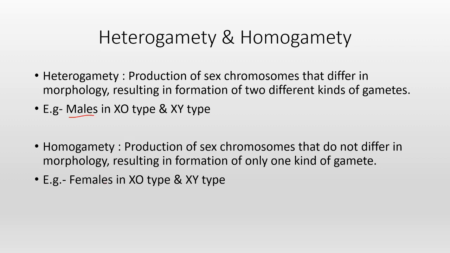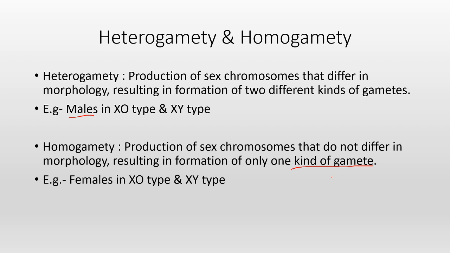In the case of the female, in both XO and XX types, only one type of gamete is formed. So it is called homogamety, or female homogamety. Production of sex chromosomes that do not differ in morphology, resulting in only one kind of gamete, is called homogamety. So in XO and XY, only the males are heterogametic.